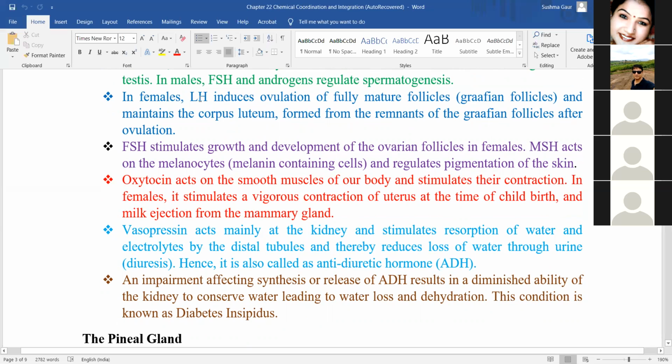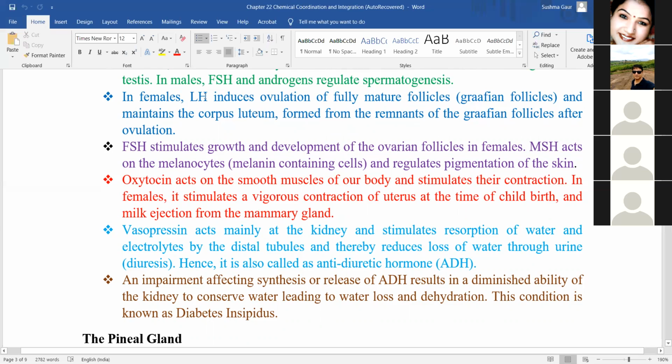In females, what is the role of luteinizing hormone? In females, this luteinizing hormone induces ovulation of fully mature follicles. That is, it is responsible for induction of ovulation in females, and it also maintains the corpus luteum, which is formed from the remnants of the Graafian follicles after ovulation.